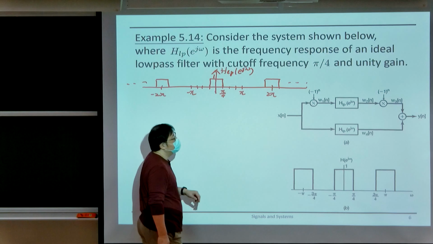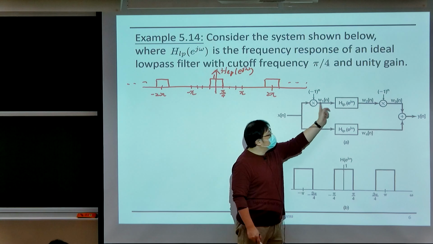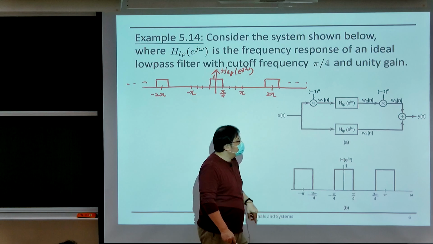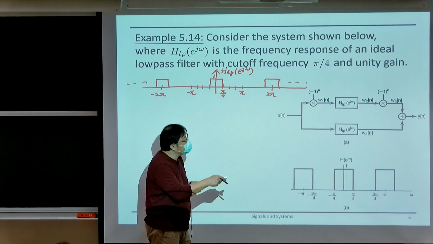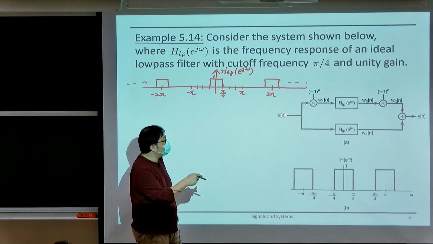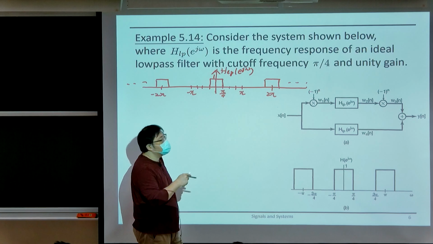Now let's look separately at what happens in the upper branch and the lower branch, and then we combine them together later on. In the upper branch, we start by passing x[n], multiplying it with -1 to the power n.